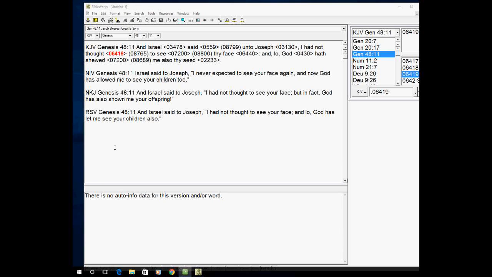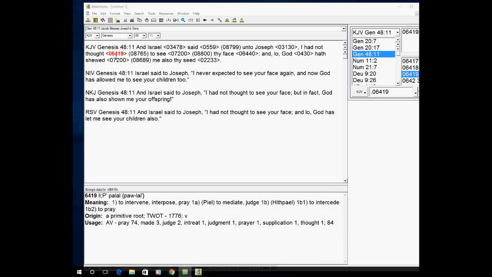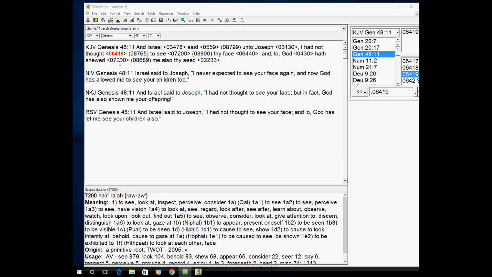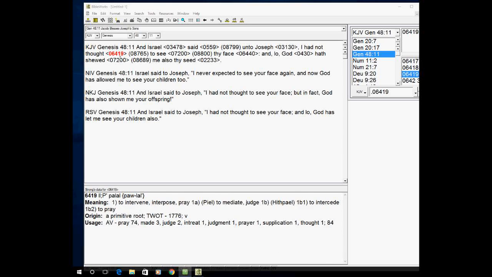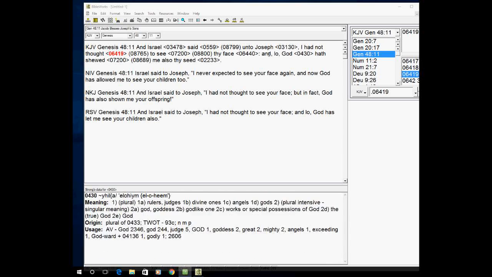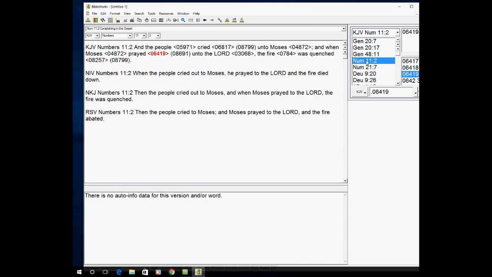And so if we go by the Strong's numbers, in other words, if we go by the basic Hebrew words, we can try to see how it connects to the English language.